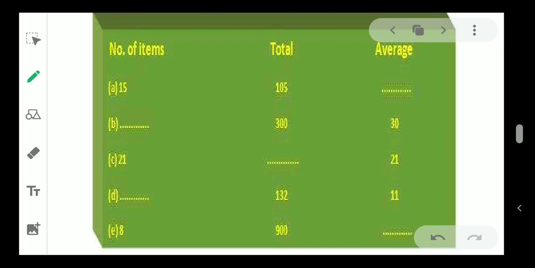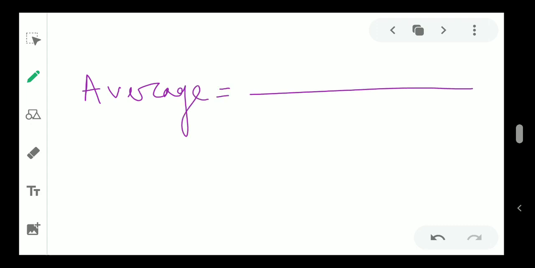So you know that to find average, the formula is: average is the addition of all the data, that is the total, divided by the number of data.